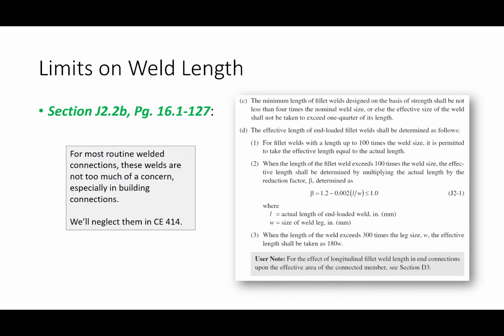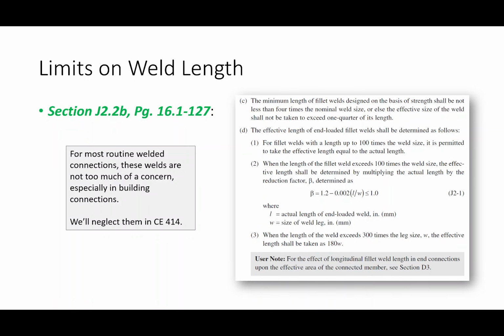But what I'll say is that for most routine connections in buildings, and the types of connections that we're going to be talking about are things like connecting a beam to a column or connecting a brace to a frame or something like that, are going to have weld lengths that are well between these. So we're really not going to apply them in CE 414.